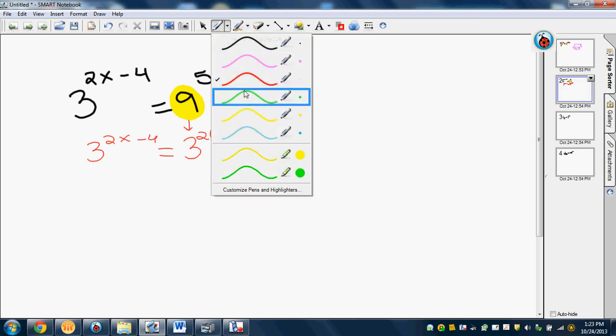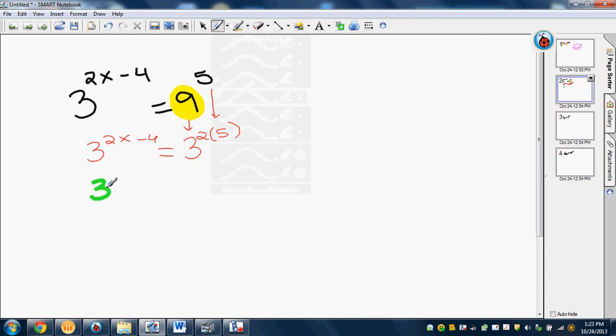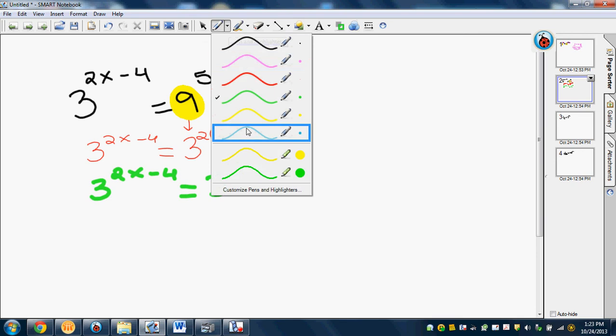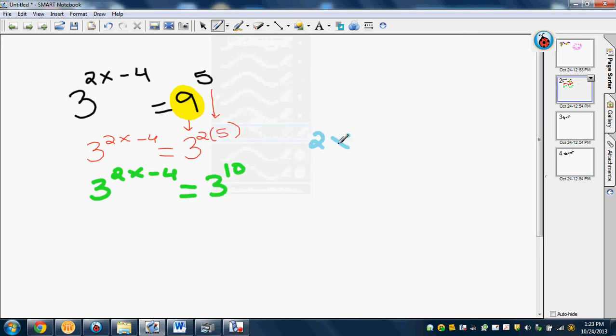Okay, so let me simplify some of this because it looks a little much. So I've got 3 to the power of 2x minus 4 is equal to 3 to the power of 10, because 2 times 5 is 10. Now that they have the same base, I can set them equal to each other. So I'm going to say 2x minus 4 is equal to 10.